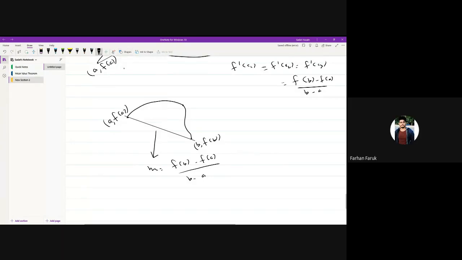So this is point c comma f of c. So f prime of c equals m, which is the same as f of b minus f of a divided by b minus a. This line has a special name.